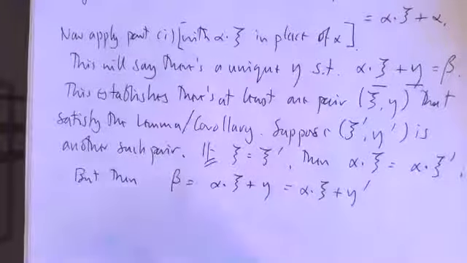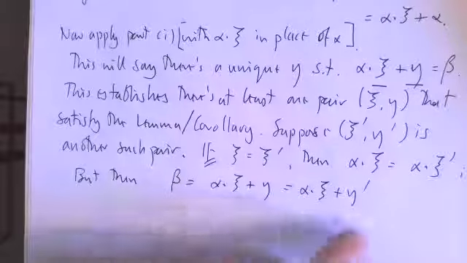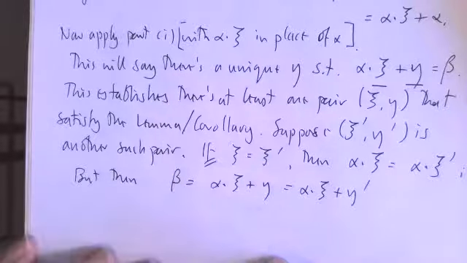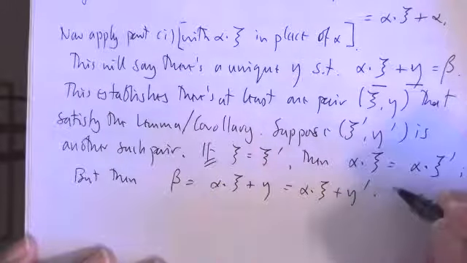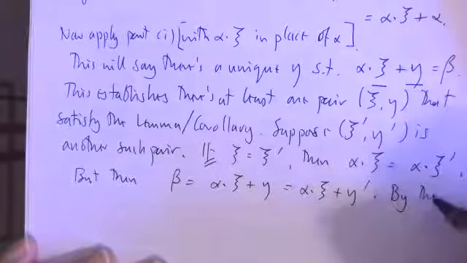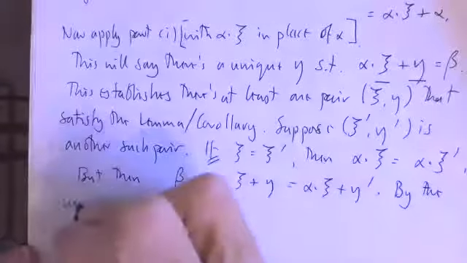But part one again said there's a unique eta that I add to anything to get something else. So part one gives us that eta is equal to eta prime. And part one said there's only one thing I can add to an ordinal to get another one.